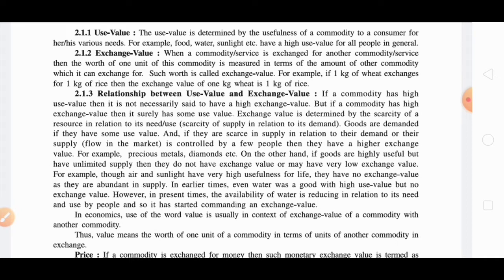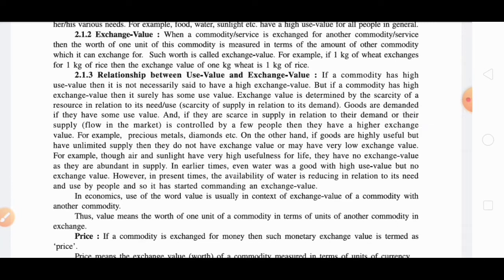So their exchange value is very high, but there is something called use value in it. It means it can be used for showing your status or prestige value. But remember one thing, that those goods which have high exchange value have some kind of use value. It doesn't mean that goods having high exchange value will always have high use value.